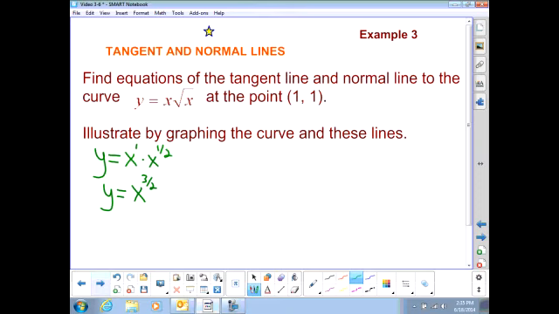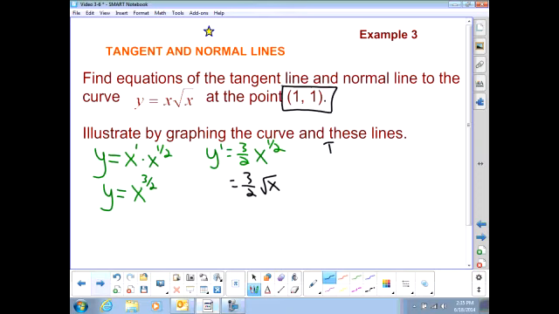Now this is something we can just use our regular power rule for derivatives. Y prime will equal, we'll bring the 3/2 out front, x to the 1/2. And sometimes it might be easier to think of this as 3/2 times square root of x. Well, we know we're working with the point (1,1).